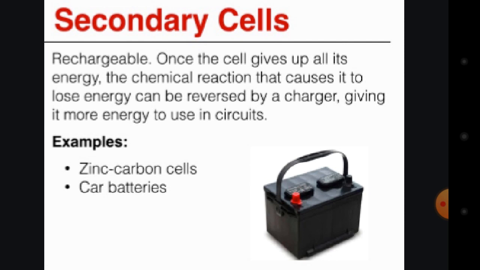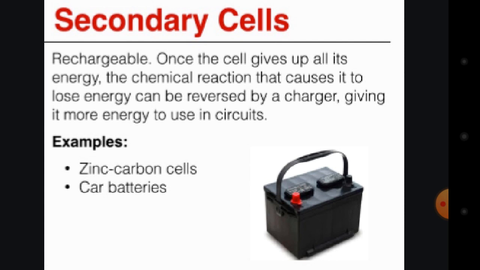So you see, they can be recharged; they can rise up again after the chemical energy has already been used. But they can be reversed by what? By a charger. That means giving it more energy to use in a cycle.